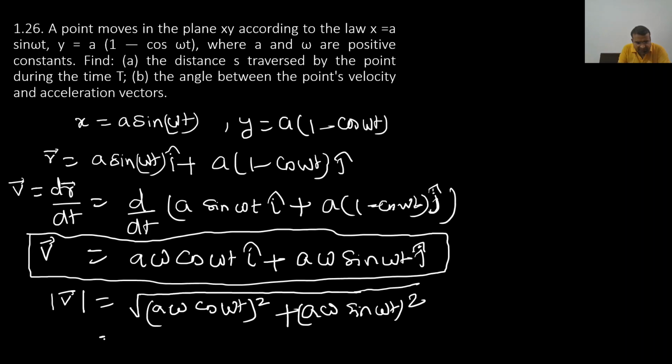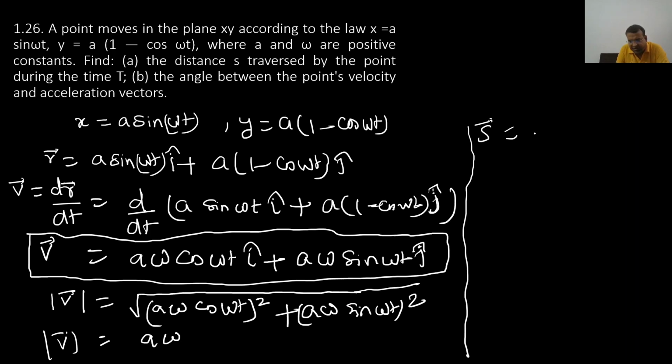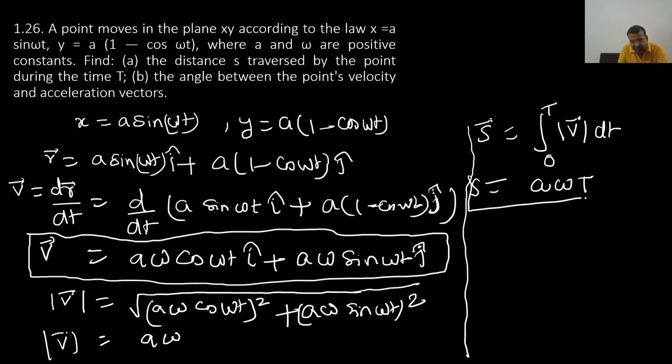Solving, we get a omega under root of sin square omega t plus cos square omega t, which is 1, so the magnitude of the velocity vector is a omega. Now calculating the distance traversed is very easy. Distance traversed is the integral of modulus of v dt from 0 to t, the given time limit, which equals a omega into t. So this is the distance traversed.